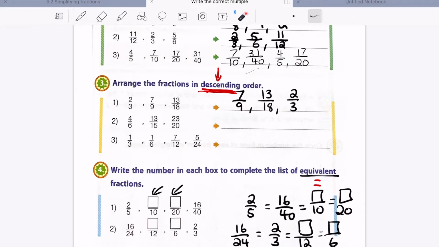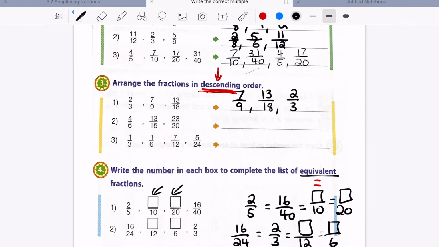So here we see 4/6, 13/15, 23/20, right? It says arrange the fractions in descending order.